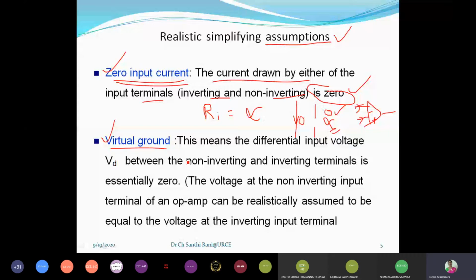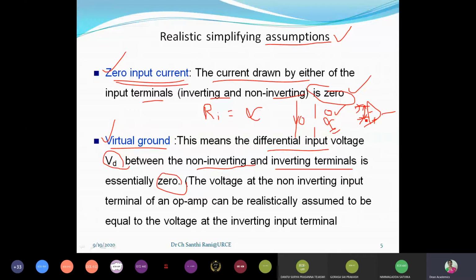Then the second one is virtual ground. That means the differential input voltage VD, the difference between these two input voltages, between the non-inverting and inverting terminals is zero, right? See, this branch is not drawing any current, and this terminal is also not drawing any current.